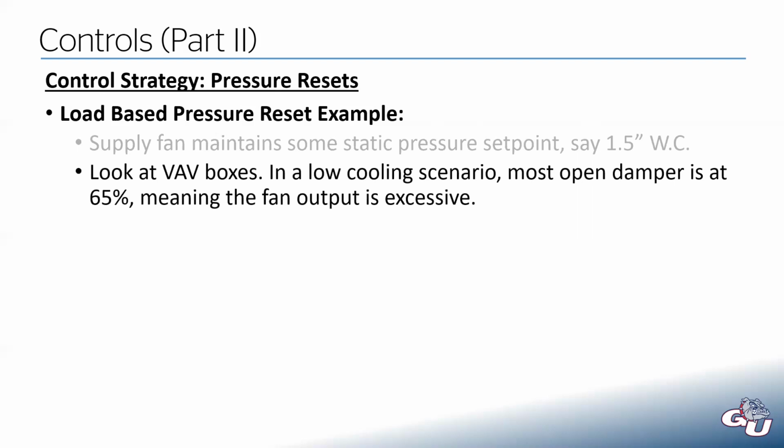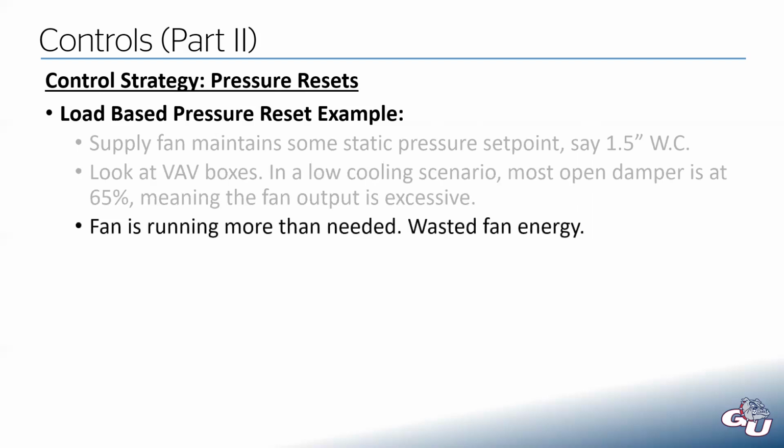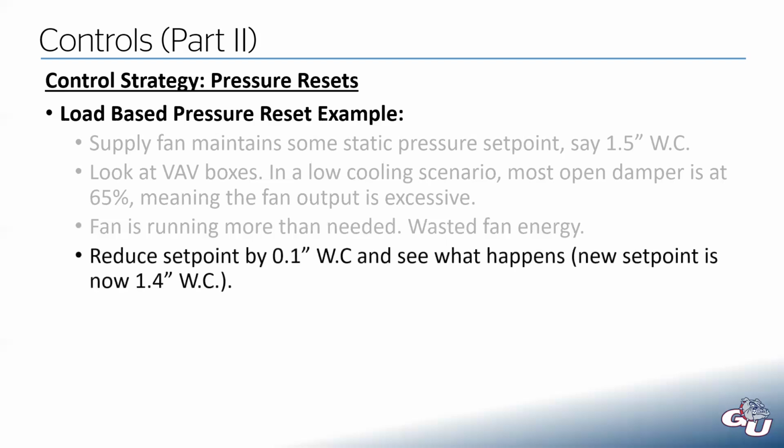If we're in a low cooling scenario, our most open damper is 65%. So our fan is working harder than it needs to, and our dampers are just closing off to just burn up that excess pressure. So the fan's running more than it needs to, which leads to a lot of wasted fan energy. So let's reduce our set point by 0.1 inches, see what happens. So now all the boxes will open up a little bit more.